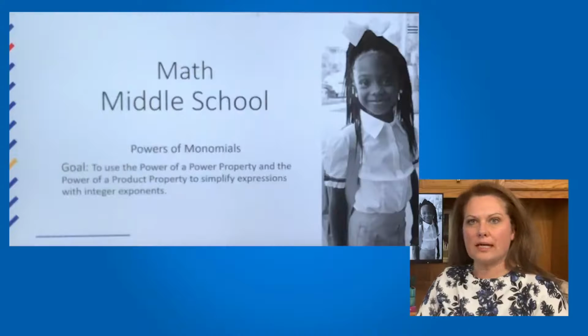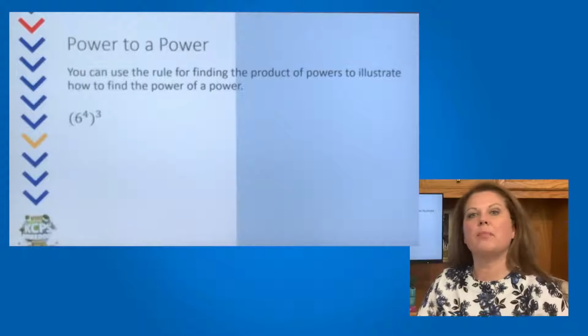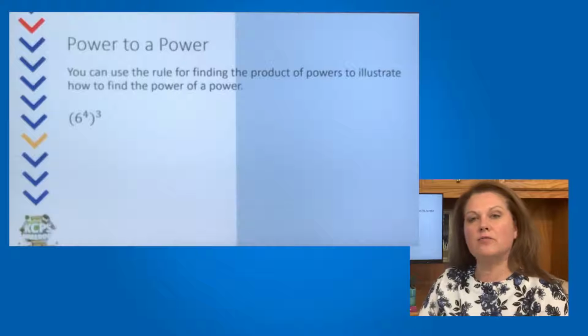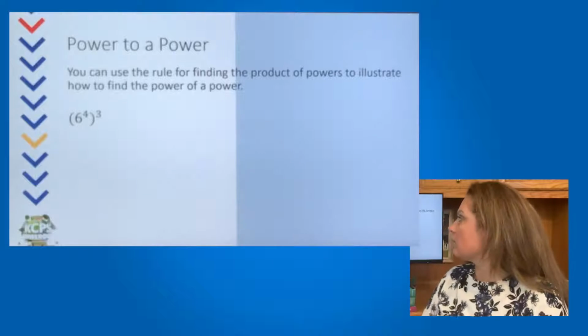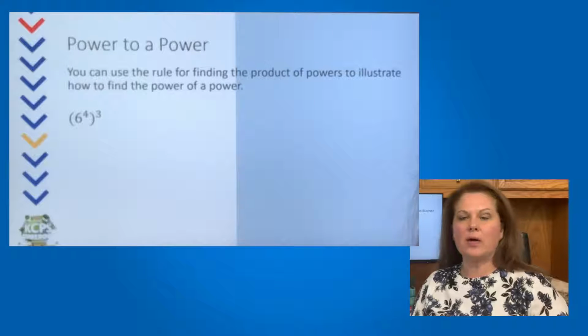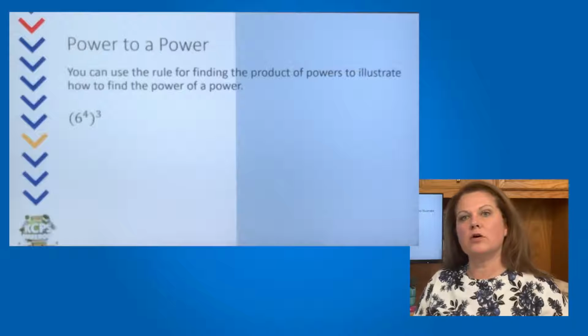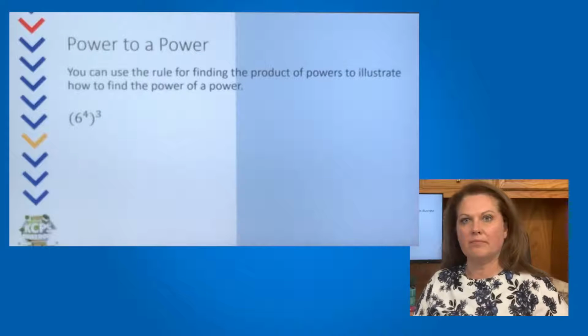In our first example, we're going to use our product of powers property to illustrate how to find powers of a power. Now in our first example, 6 to the 4th power to the 3rd power, you'll notice we have two exponents. I want you to focus on the exponent that is outside the parentheses, the 3.